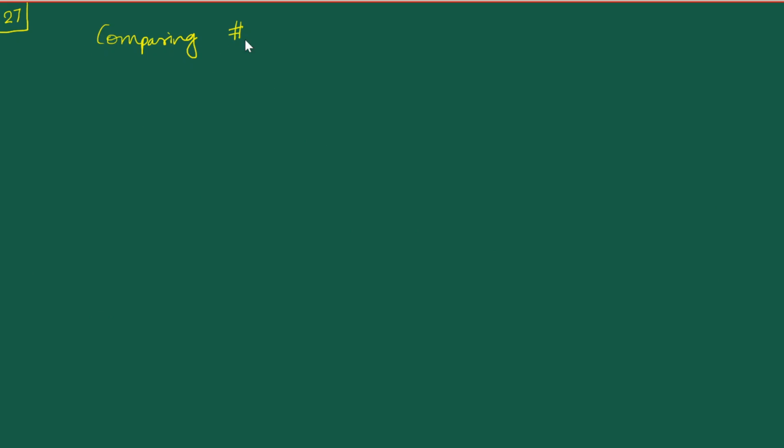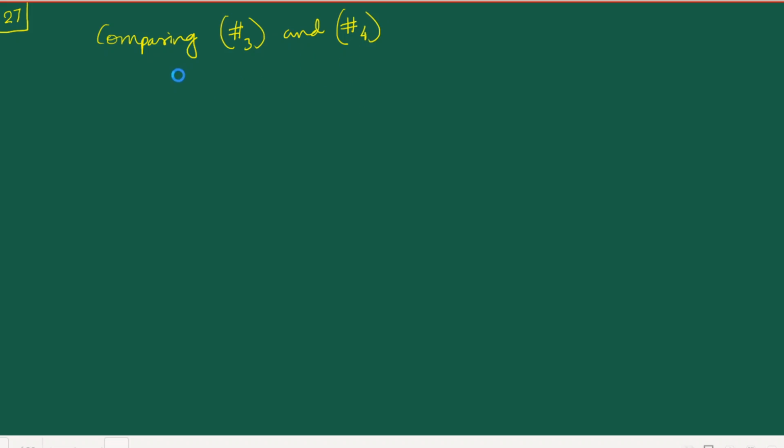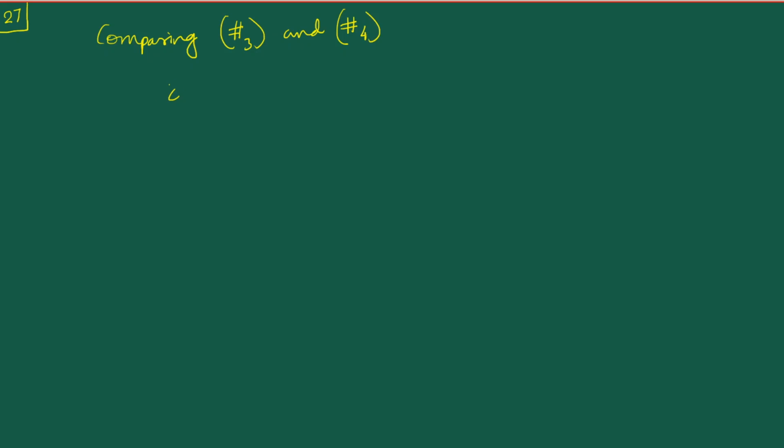So comparing hash 3 and hash 4, we have u f bar, the component of the displacement along the direction f, to be equal to del u dash del f. And this is nothing but our original statement of Castigliano's theorem of deflections. So it is hence proved here.